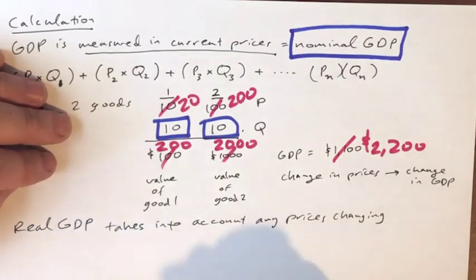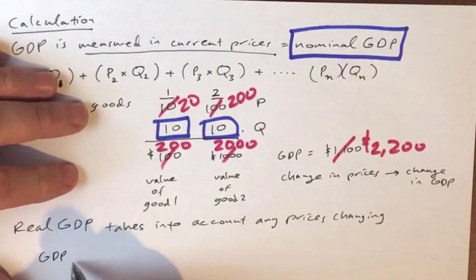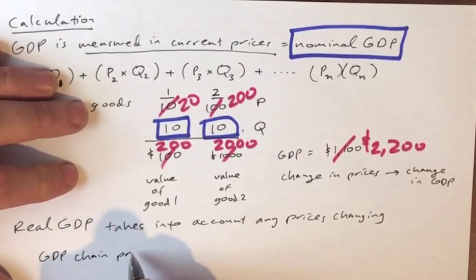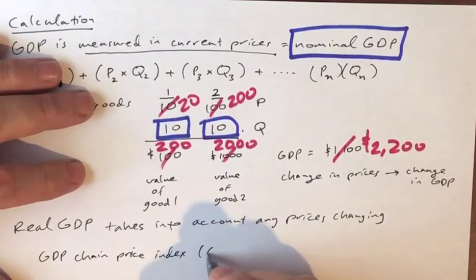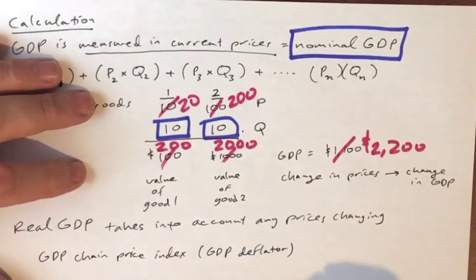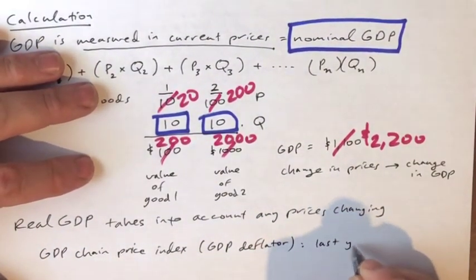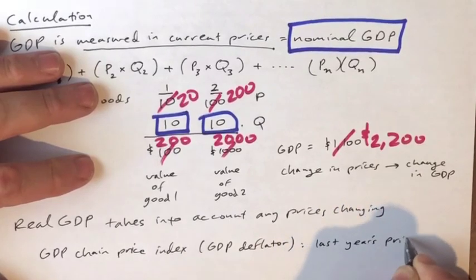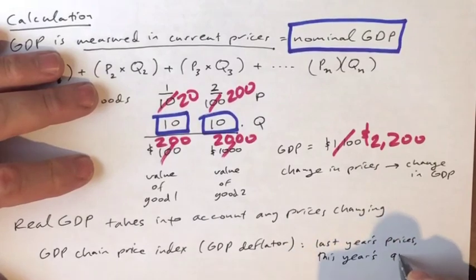So real GDP takes into account prices changing, and the way this is normally done is by something called the GDP chain price index, or sometimes it's called the GDP deflator. What this does is basically use last year's prices, but this year's quantities.